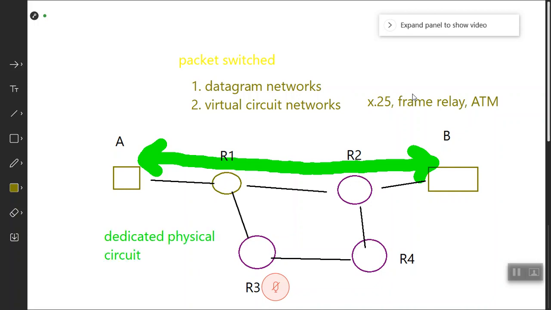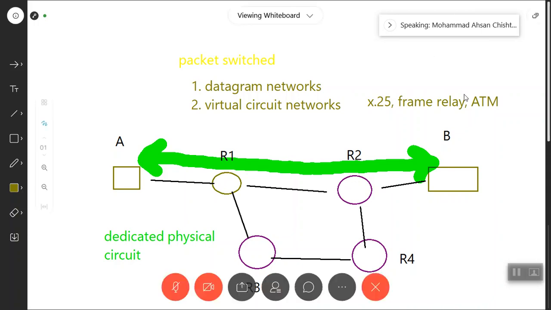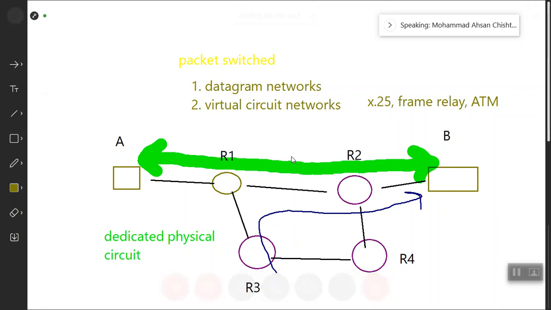They would think that nobody else is using it, only I am using it. However, other communications will also be sharing the same path, let's say from this side there is some other path like this one. This can also be along the link.